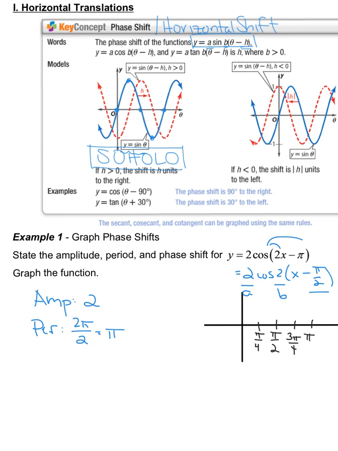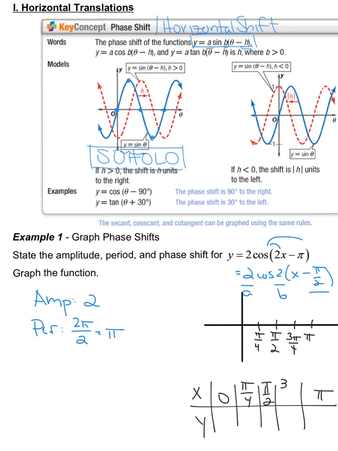All right. Simple thing to set up. If you want to include a table as well, you can include a table. We're going to start ours at 0. We go out to pi, and then just like before, if we take half of our period, that's pi halves. If we take a quarter of our period, it's pi quarters, and 3 pi quarters. Just the same way we sectioned off our graph.